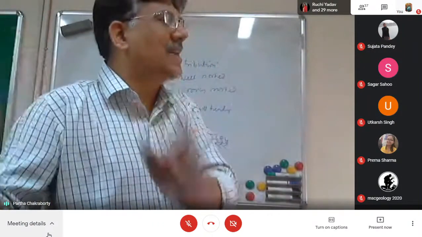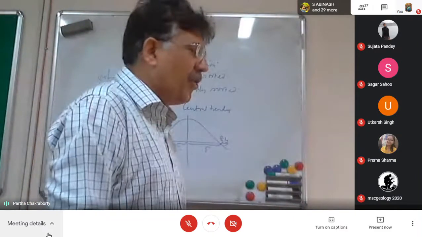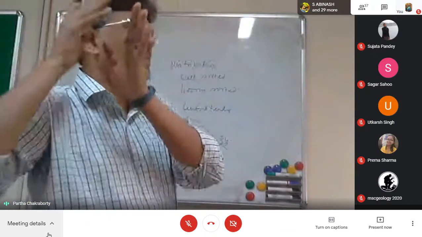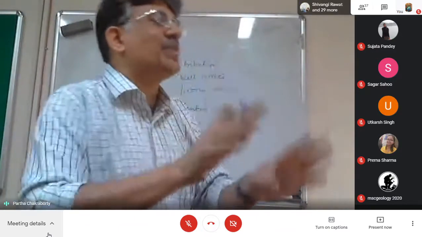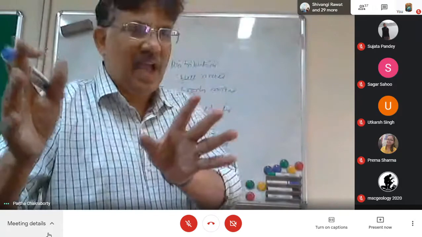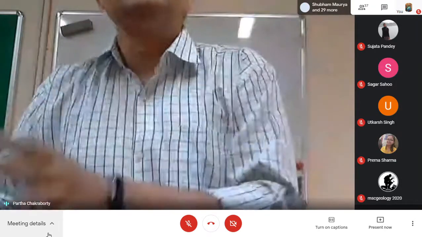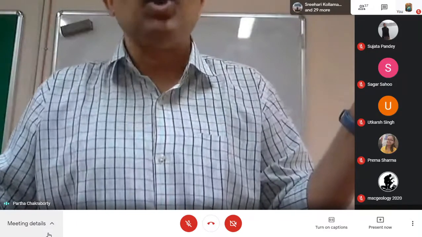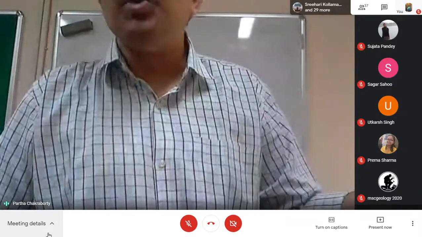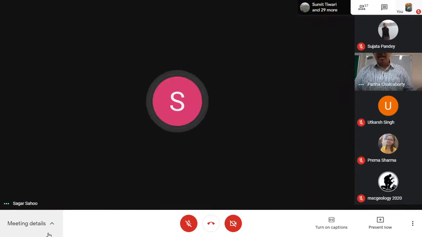Everybody uses the last equation that I have said: (phi84 minus phi16)/4 plus (phi95 minus phi5)/6.6. This is the equation everybody uses because the equation has evolved. And now this is the equation that has been used for all the grain size distribution calculation, the sorting calculation. No other equation is used. Okay, sir.